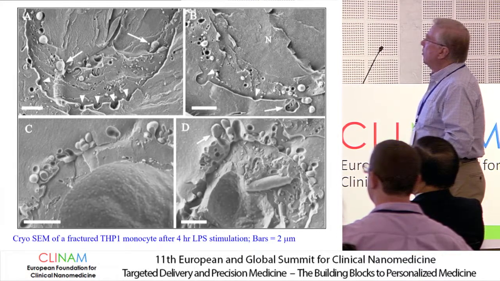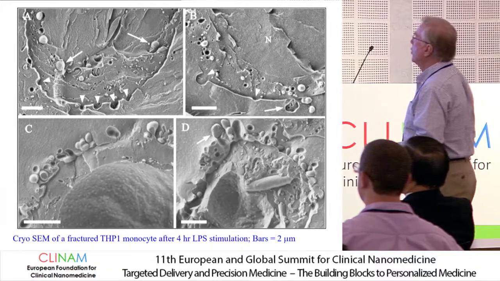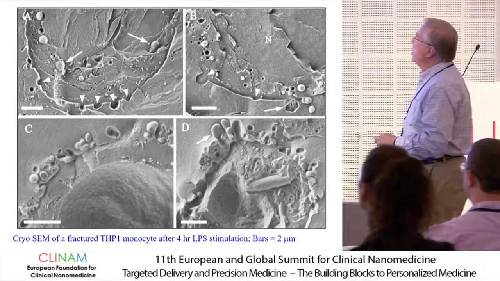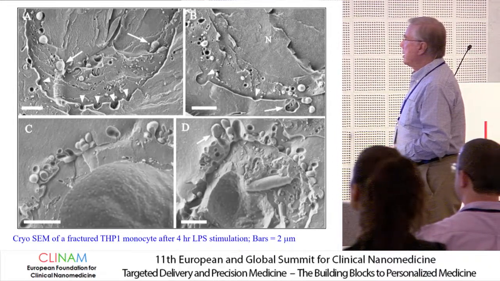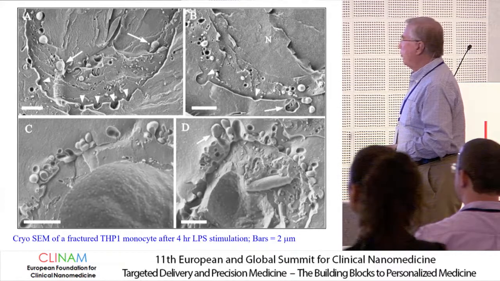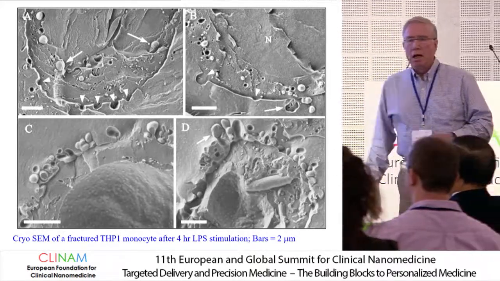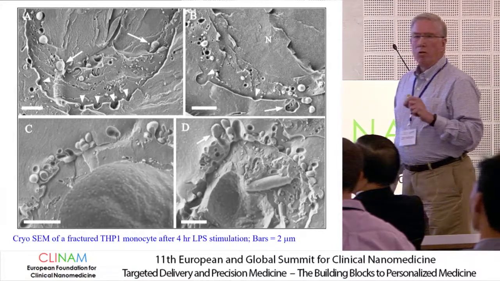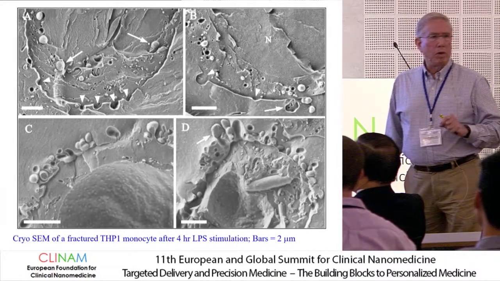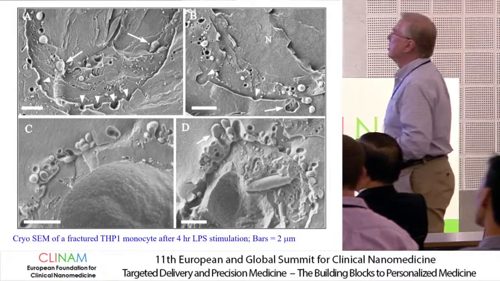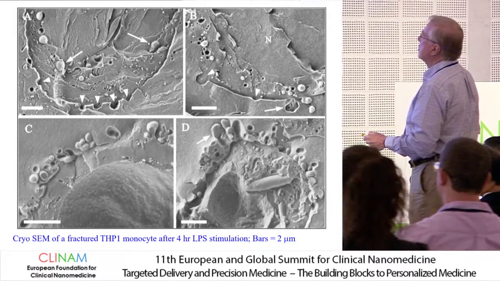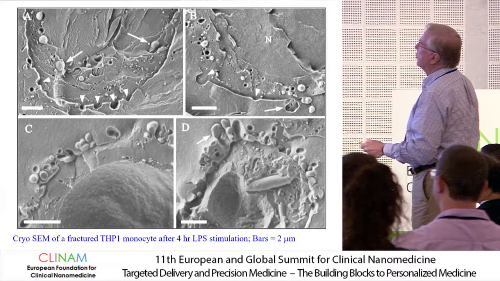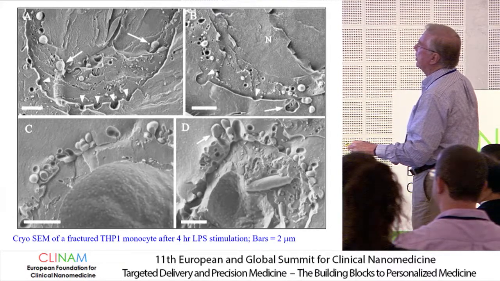But here is what I really wanted to share with you. What we have here is, again, a monocyte after 4 hours of LPS incubation. And this is the time where you can capture the blebbing of the extracellular vesicles. So in this case, for instance, you see the fracture that went directly through the entire cell.